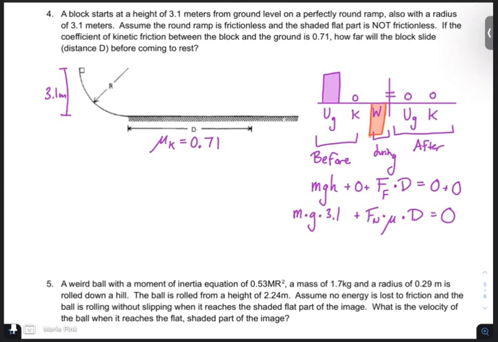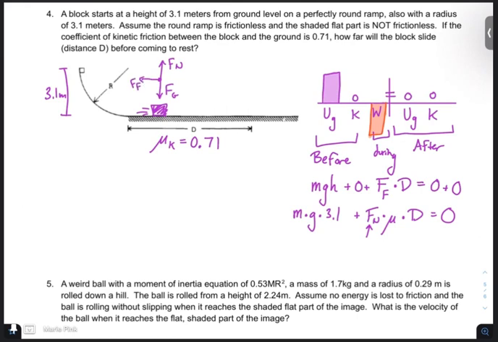And I realize, oh man, I don't actually have my mass. But I remember that when my block is sitting on the ramp or sliding on the ramp, the only forces acting on it are gravitational force, normal force, and frictional force.